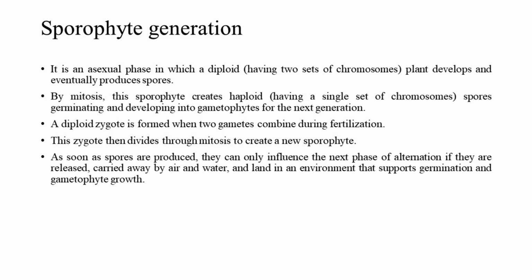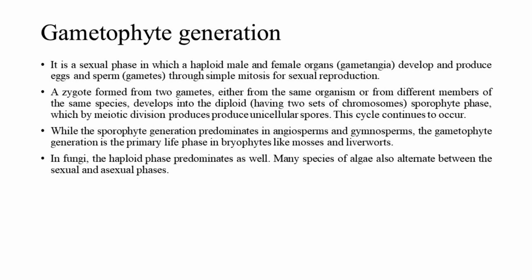As soon as spores are produced, they can only influence the next phase of alternation if they are released, carried away by air and water, and land in an environment that supports germination and gametophyte growth. Gametophyte generation. It is a sexual phase in which haploid male and female organs, gametangia, develop and produce eggs and sperm, gametes, through simple mitosis for sexual reproduction.